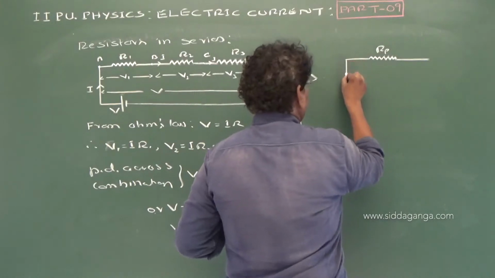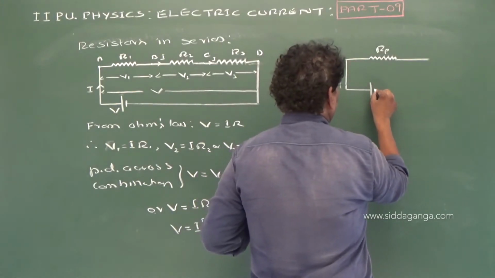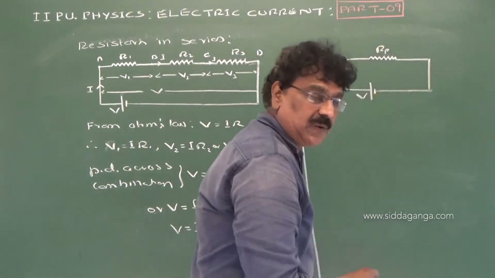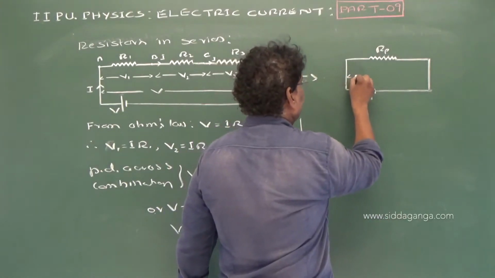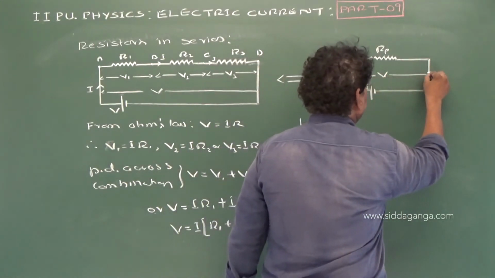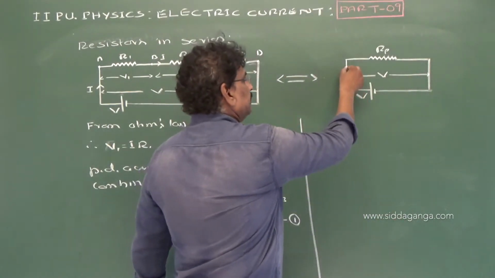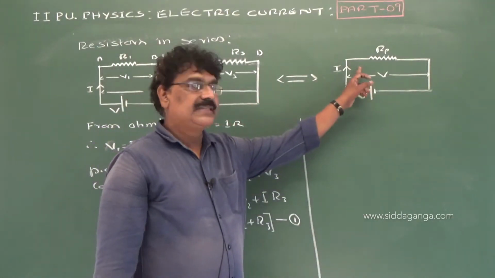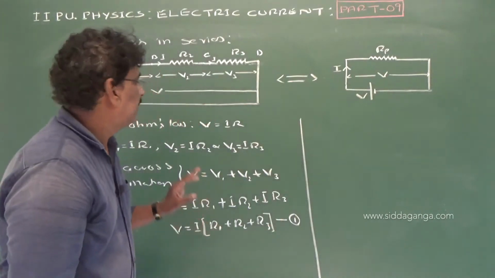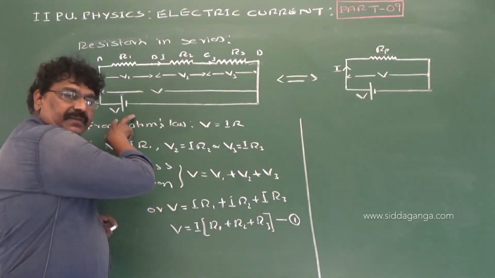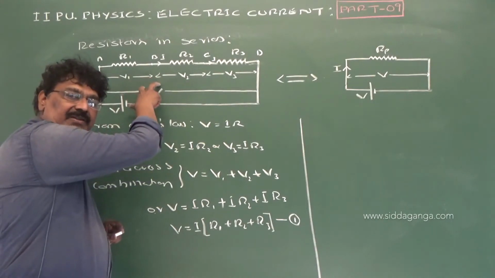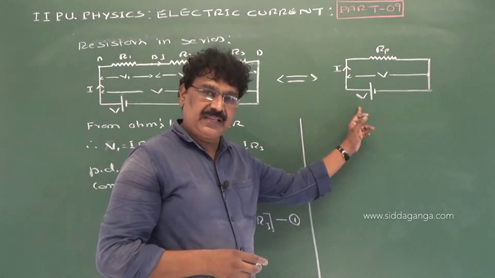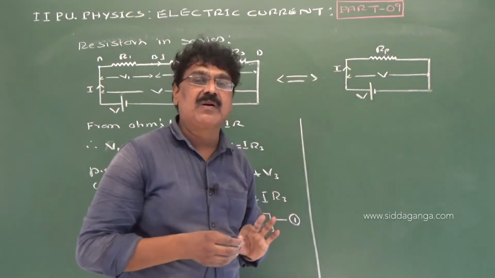Now, let us connect the same battery or cell to this one. So, the potential difference applied across the single resistor is V. Now, the current flowing through the resistance is I. See here, when we apply a potential difference of V to the combination, we obtain a current I. Here also, for the same potential difference V, we obtain the same amount of current.